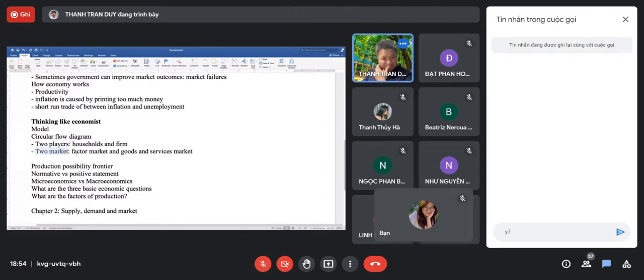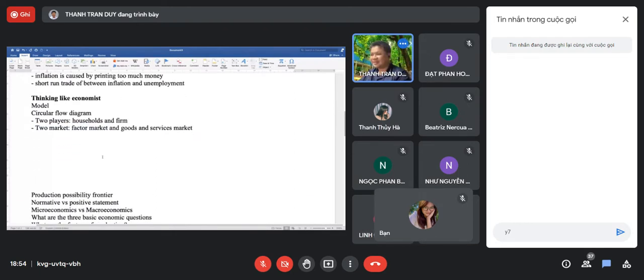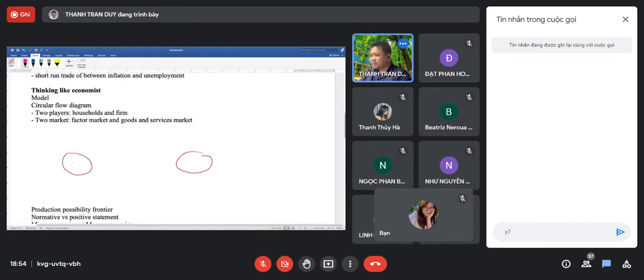In factor market, it's different. Remember that we have household and we have firm, right?